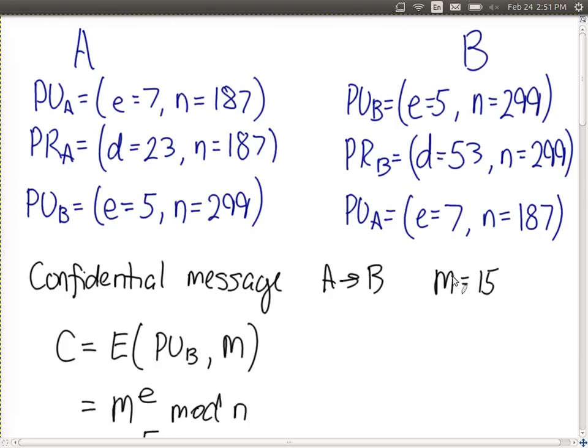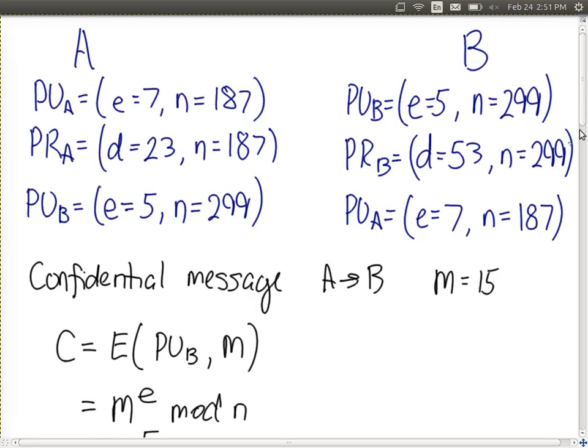If our message is some string, we need some way to convert it to an integer using some form of encoding, under the condition that M must be less than N. To send to B, we encrypt using B's public key for confidentiality, because the only person who can decrypt is the person who has the other key in the key pair. If we encrypt with B's public key, it can only be decrypted with B's private key, and only B has their private key. That ensures confidentiality.